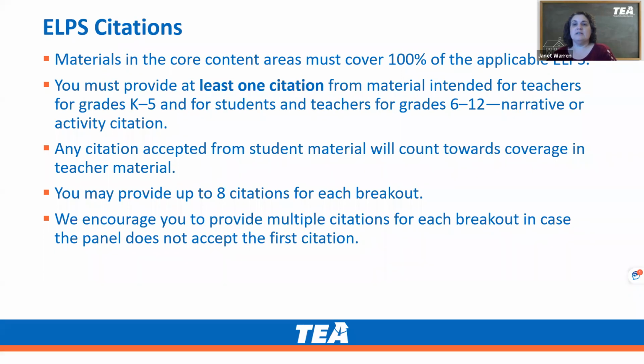Citations can be a narrative or an activity. You'll see the requirements for each breakout on the ELPS breakout document posted on the TEA website. And I think Cassie was going to share a link to that in the chat. I did. I shared one to all the breakout documents, and then one specifically just to the Science ELPS breakouts. Perfect. Thank you.